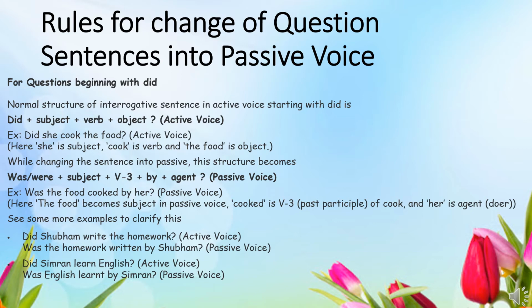Some more examples to clarify this are, did Shubham write the homework, which is in the active voice, changes to was the homework written by Shubham. Did Simran learn English is in the active voice, was English learned by Simran changes into the passive voice.